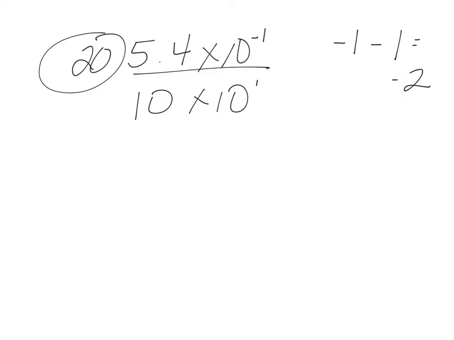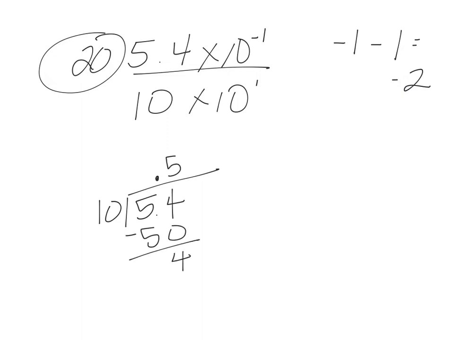And we're going to divide. 10 goes into 5.4. And here's our decimal. So it goes in 5 times. I'm going to subtract. And then I'm going to add a 0 and bring it down. And it goes in evenly at 4. So my answer is 0.54 times 10 to the negative second.